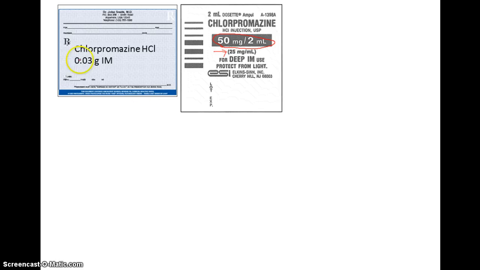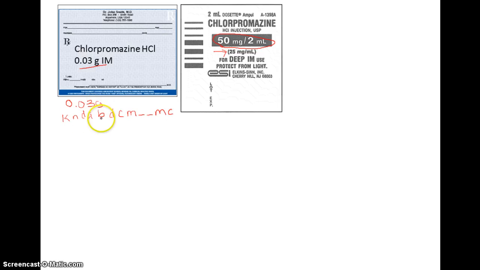However, I do have a problem. The order from the doctor is in grams and the dosage strength is in milligrams, so I need to start off with a conversion. So I take the doctor's order, 0.03 grams, and I remember my King Henry. So King Henry died by drinking chocolate milk full of microorganisms.